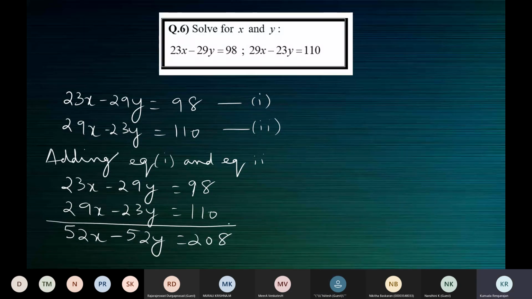So this is what we mean by adding the two equations. Adding the two equations means just write the equations as they are. Don't change the signs in the second equation. Simply calculate as the equations are.